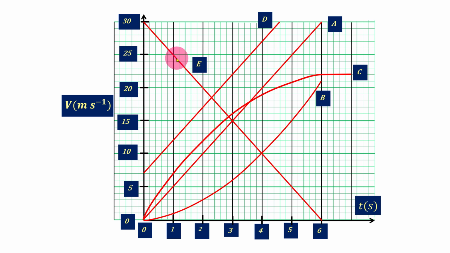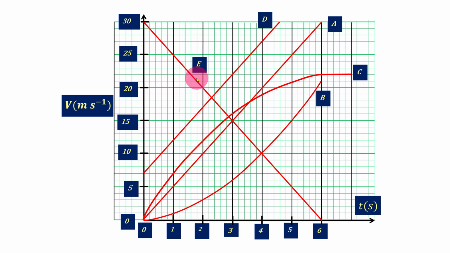The other problem is to determine the magnitude of that negative acceleration. And we can see it's very easy. It changes from 25 to 20 in a period of 1 second. So that acceleration is negative 5 meters per second squared.